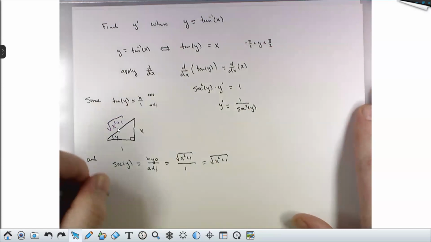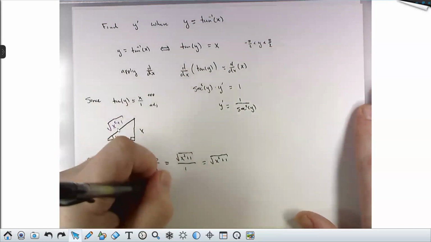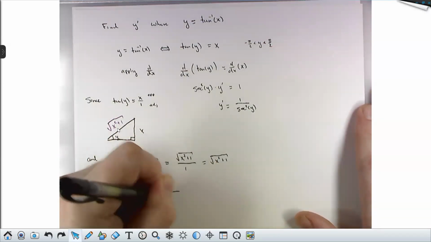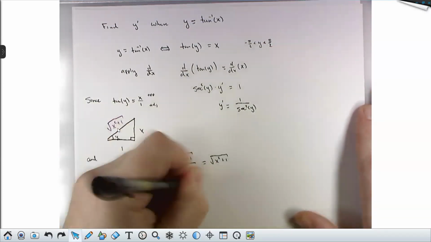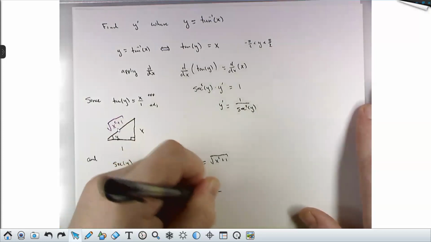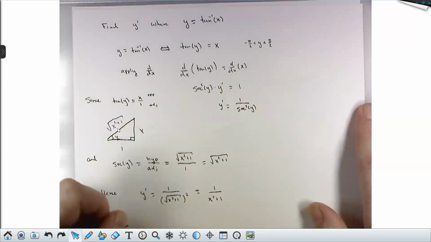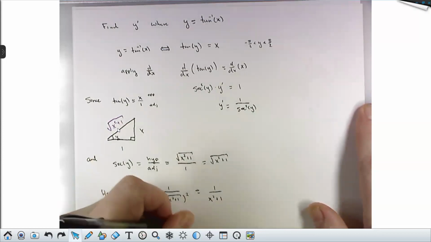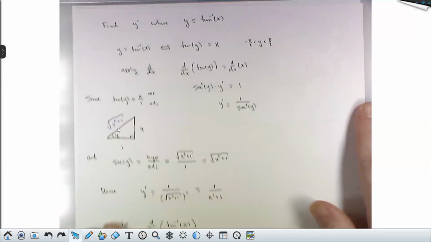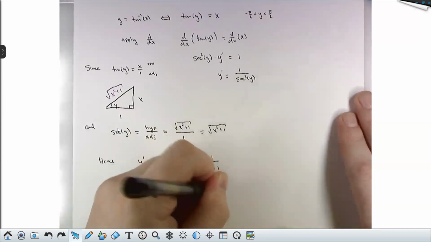Hence, y prime is 1 over that squared, or just 1 over x squared plus 1, i.e. the derivative of the inverse tangent function, inverse tangent of x, is 1 over x squared plus 1.